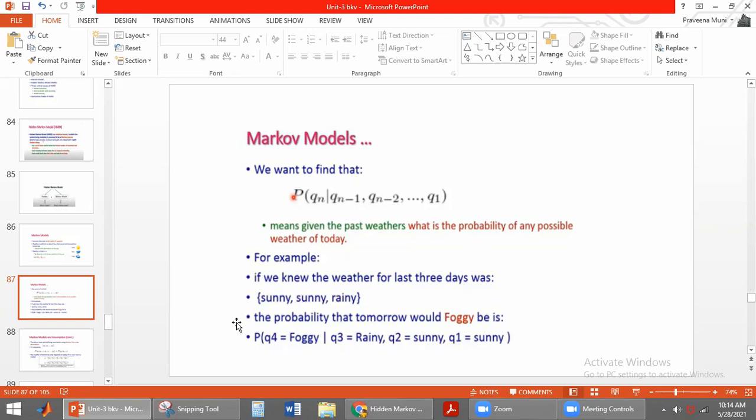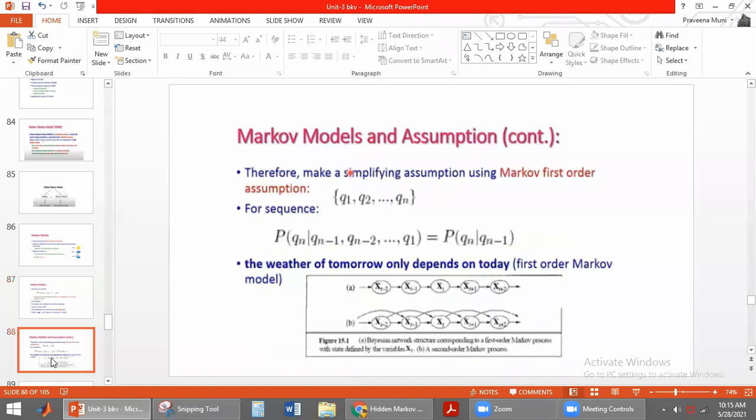This is the conditional probability we use to find the weather on the fourth day based on the weathers on the first 3 days. Like this, we write the equation.